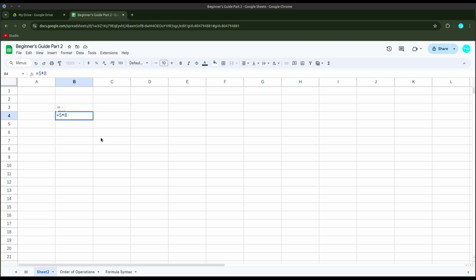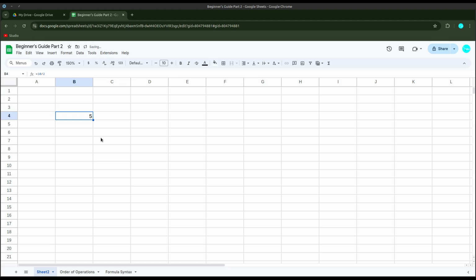Here the asterisk or star is used as a multiplication sign in Google Sheets. We can also make a division like 10 divided by 2, and the slash is used as a division sign.